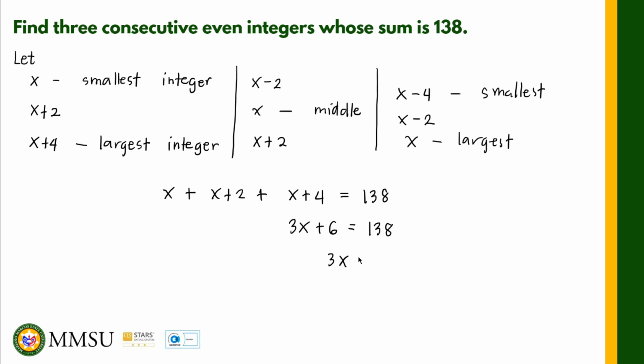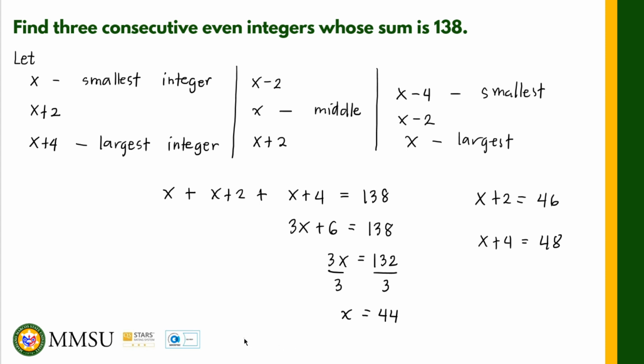So for 3x, we subtract 6 from both sides. 138 minus 6 is 132. And then we divide both sides by 3. Then x is equal to 132 divided by 3, that is 44. So x plus 2, the second integer, is 46, and x plus 4 is 48.